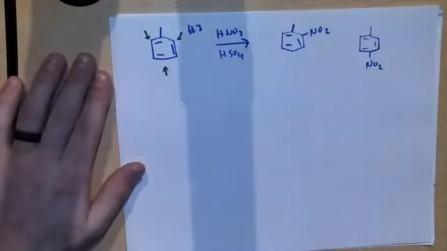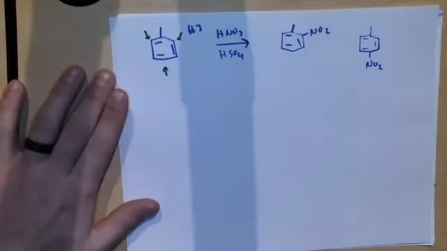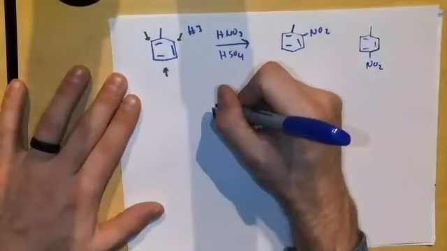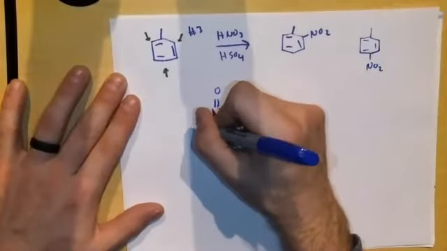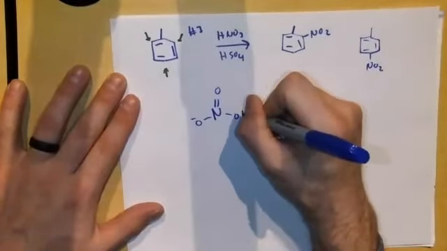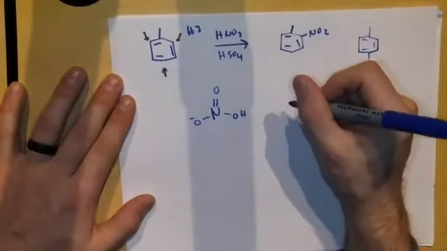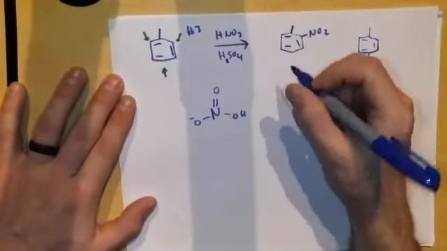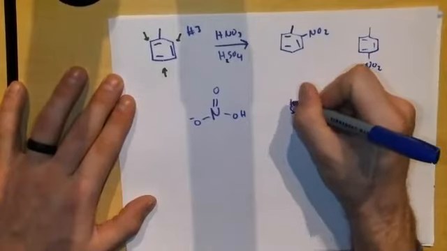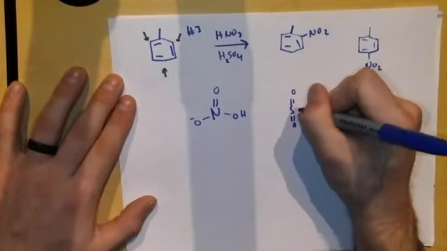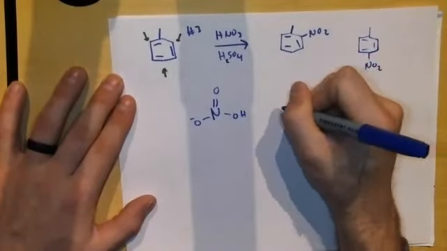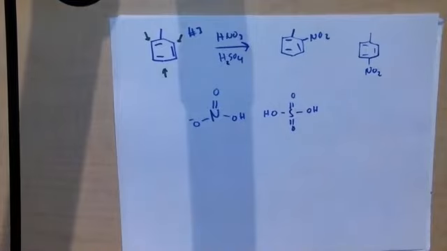This is going to work by a similar mechanism. We're going to take our nitric acid, which looks like this, and mix it in with H2SO4. Sulfuric acid is the better acid.